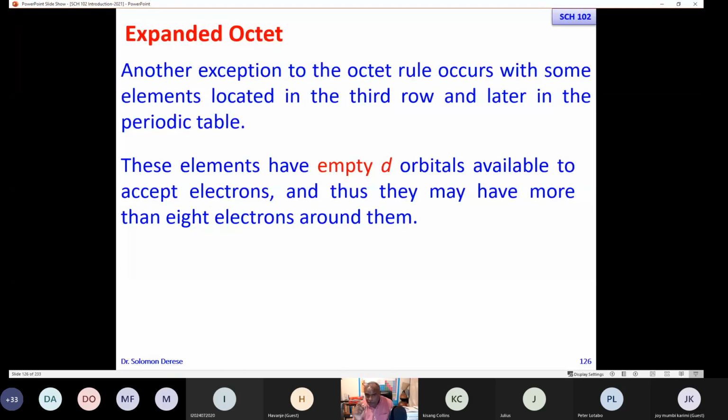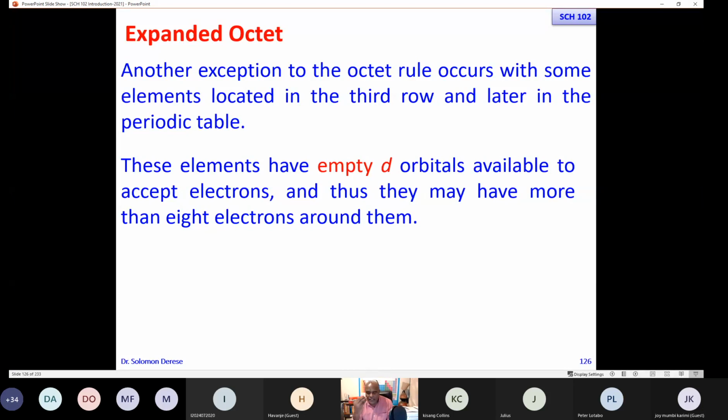But in sulfur's valence shell, in addition to s and p, we have d orbitals, and these d orbitals are empty. Therefore, in order to become stable, these d orbitals also need to be filled. So after filling the s and p orbitals, which carry a maximum of 8 electrons together, some of the electrons will go to fill the empty d orbitals.